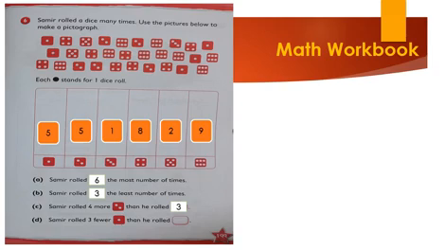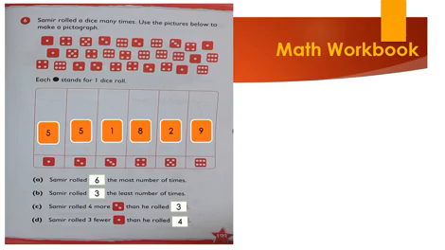Can you find another dice that was rolled 3 more times than the 1 dot dice? Okay, the correct answer is 4. Why? How many times was the 4 dot dice rolled? 8.